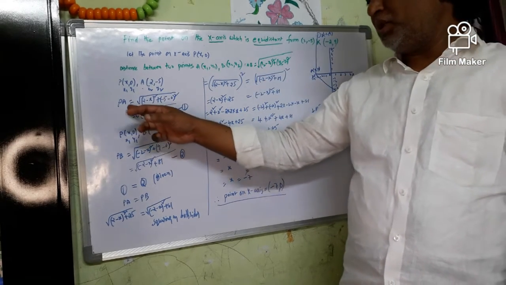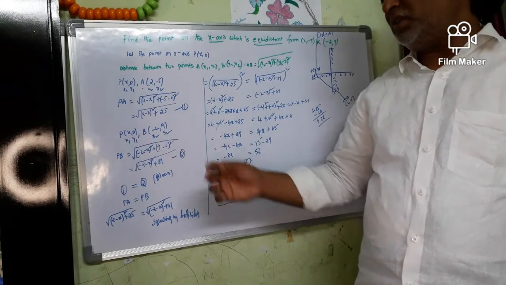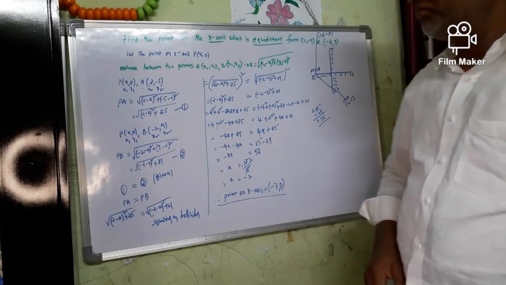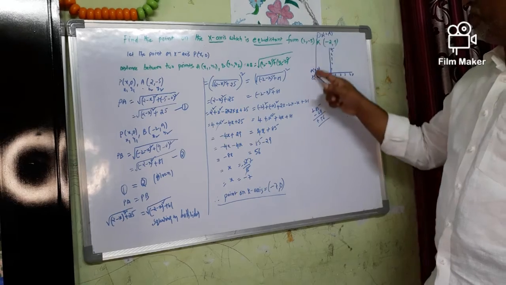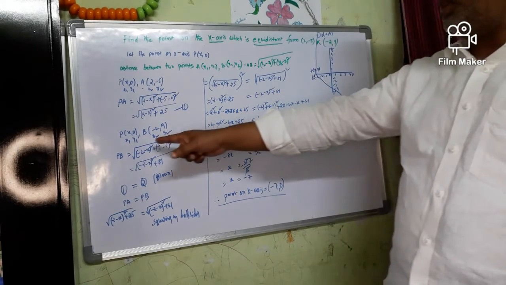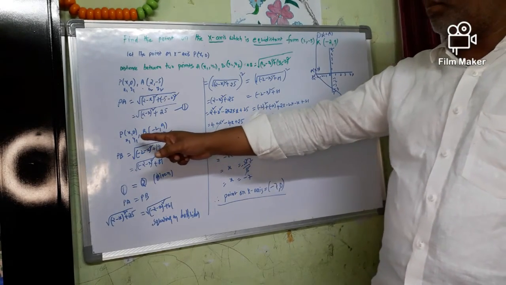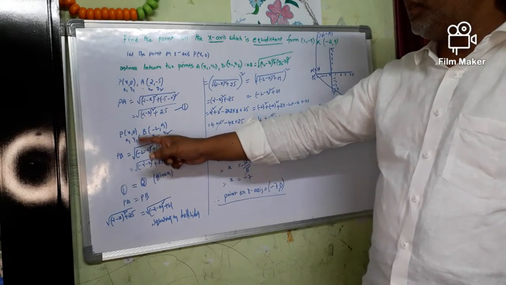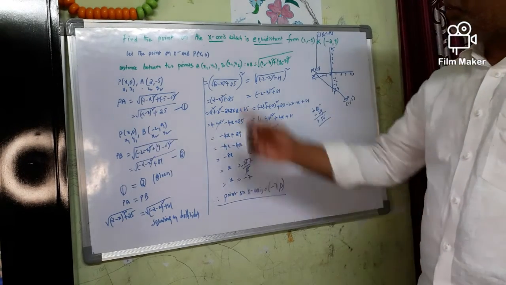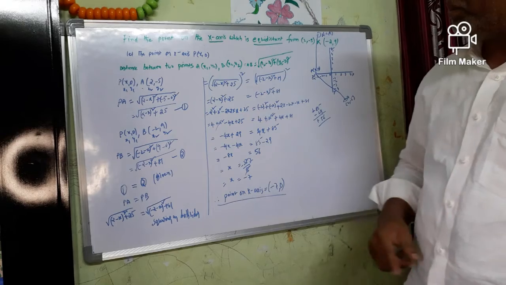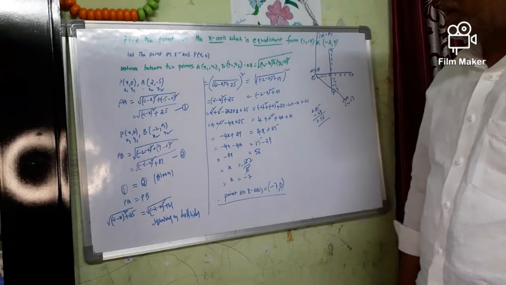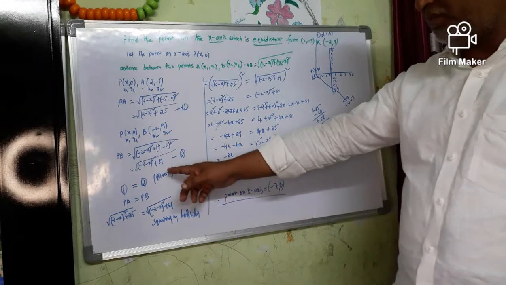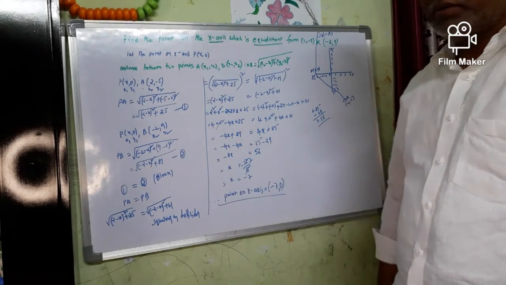We get PA equal to some value, that is equation number 1. Next, find the distance between P and B, writing the points and naming them x1, y1, x2, y2. We get PB equal to the square root of (-2 minus x) whole square plus 81. This is equation number 2.